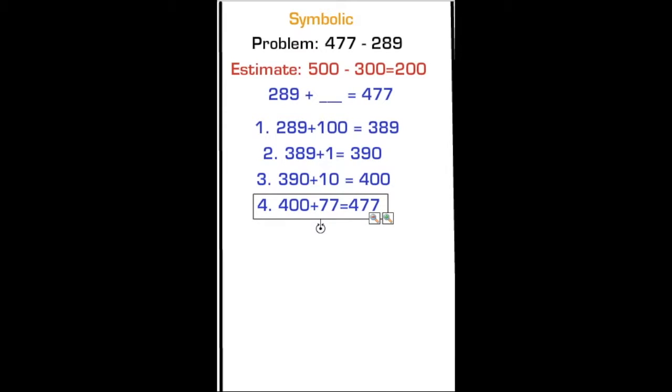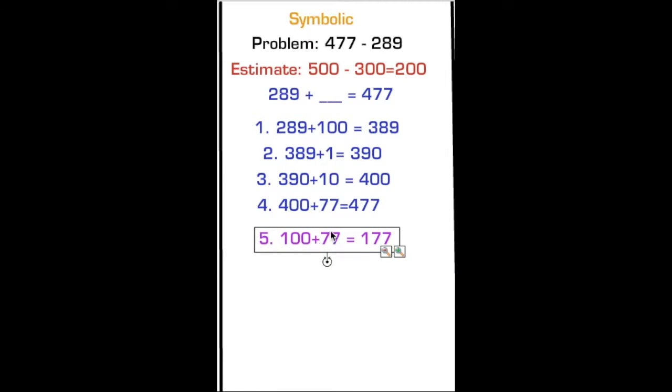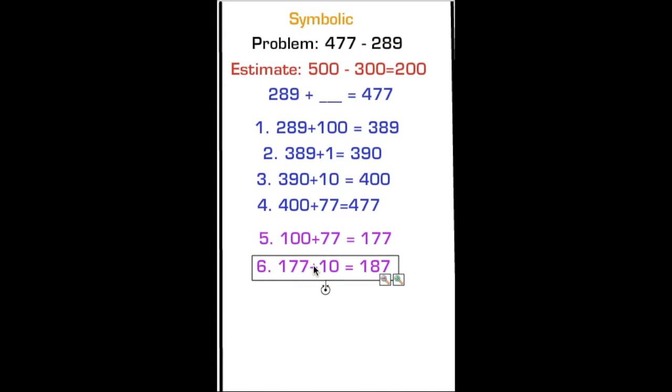Now the next step is to take all of the add-ins that you put in the blank and add them all together. So I start by adding 100 plus 77 because I know I can get a nice number of 177. Then I will add 177 plus 10 because that gives me 187, and that's easy to do in my head.